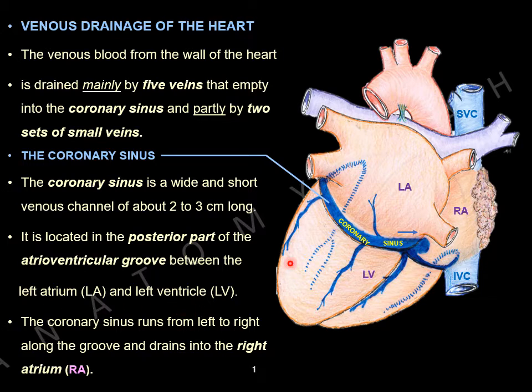This is the coronary sinus, located between the posterior surface of the left atrium and left ventricle. The coronary sinus runs from left to right along the groove and drains into the right atrium.